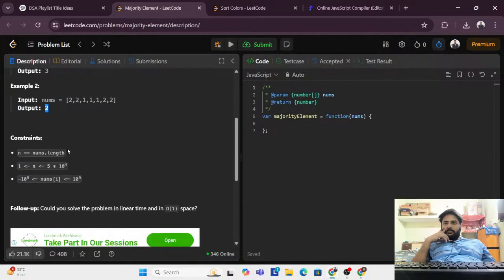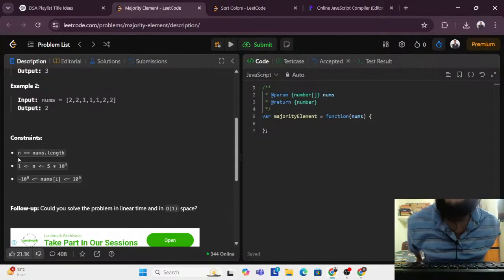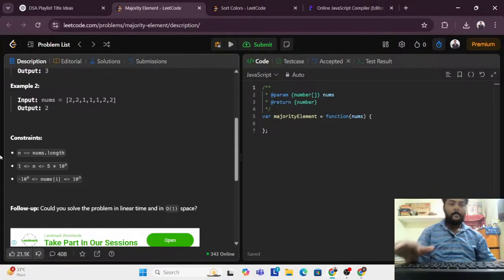Let's move further. What is this: n equals nums dot length? I didn't understand this concept.